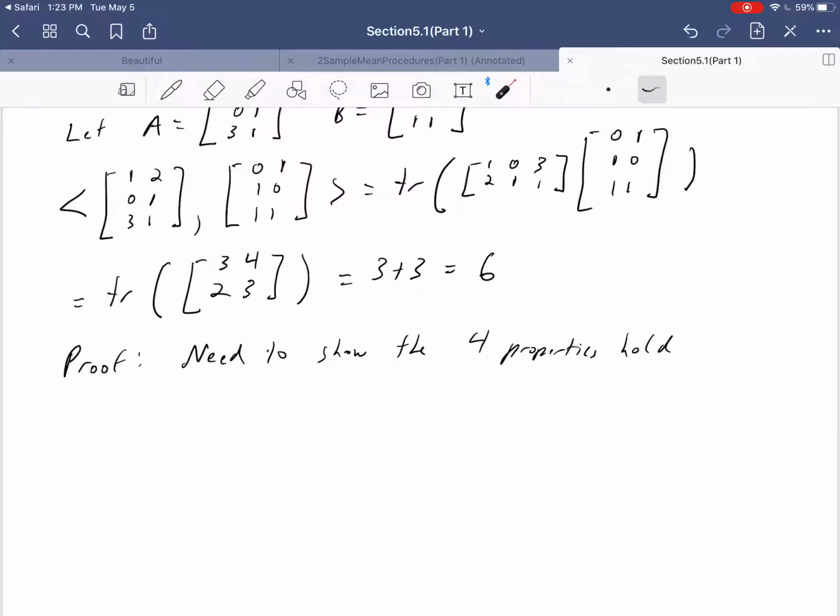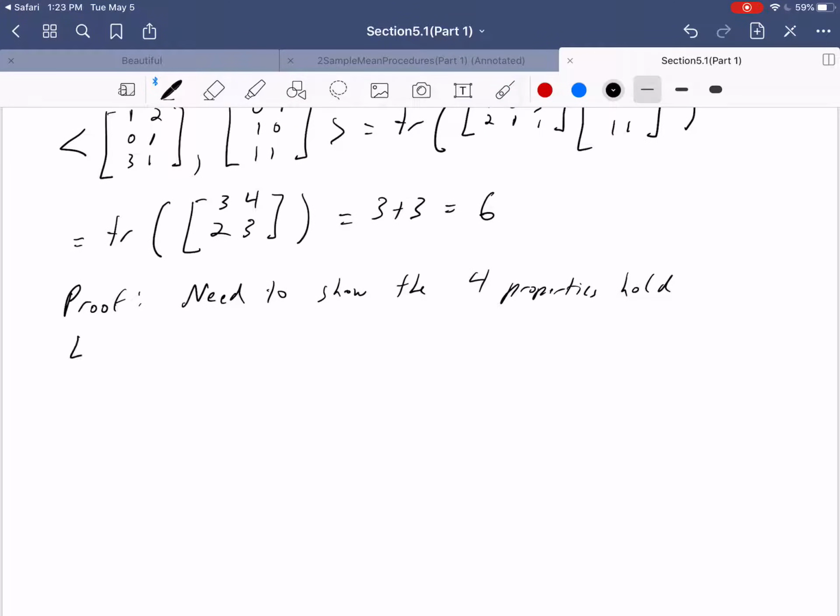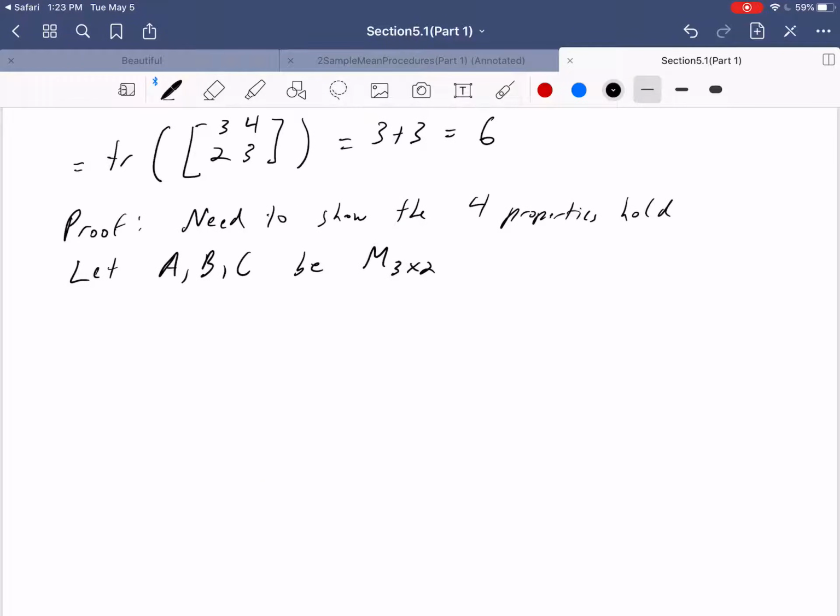Now when we're trying to show something is an inner product, we've got to show these 4 properties hold. So let's let A, B, and C be 3 by 2 matrices. That's what we're working in here.